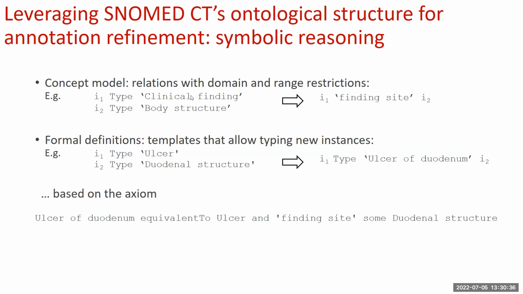For instance, from the SNOMED concept model we know that if entity instance I1 is of the type clinical finding, and I2 is of the type body structure, then normally what is expected to hold between those things is finding site.